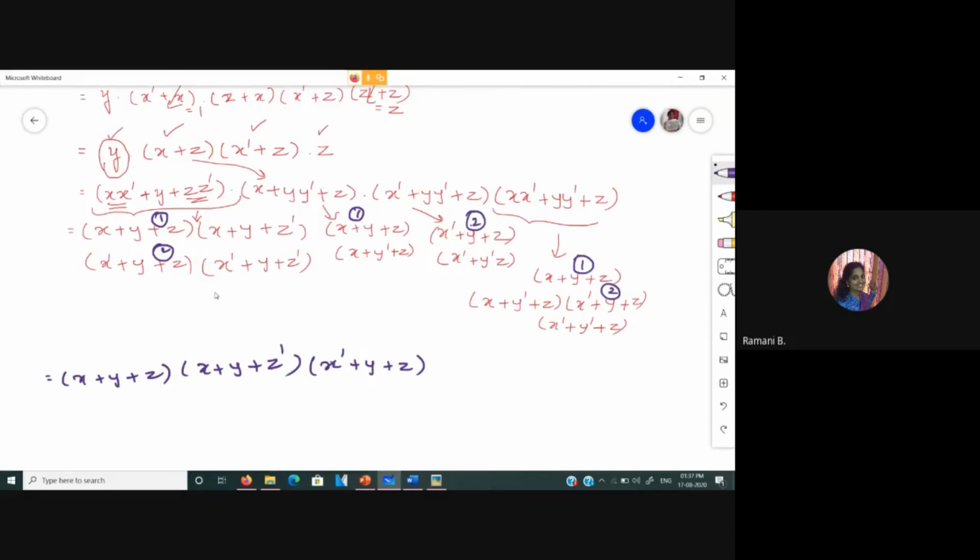I don't think we have it anywhere. So we write x bar plus y plus z bar, then x plus y bar plus z. This term is repeated here. So we shall write it once. So x plus y bar plus z, then x bar plus y bar plus z. That is also repeated here. So write it once, x bar plus y bar plus z.